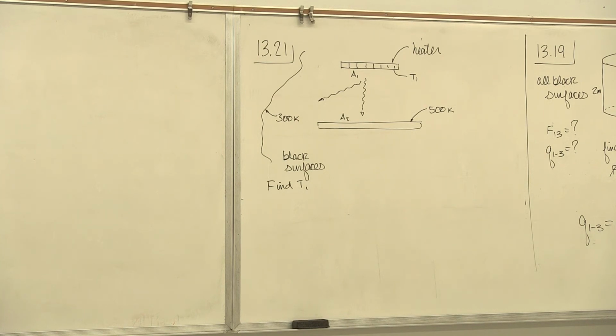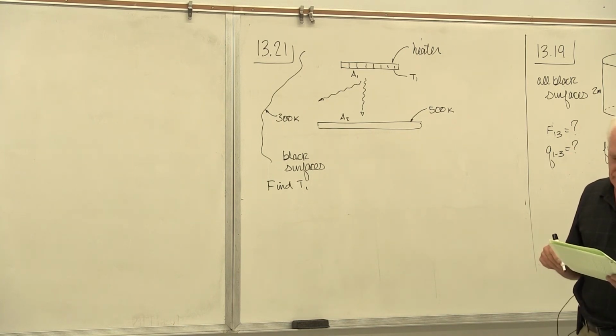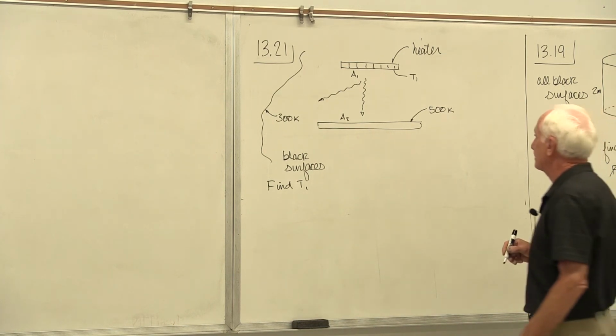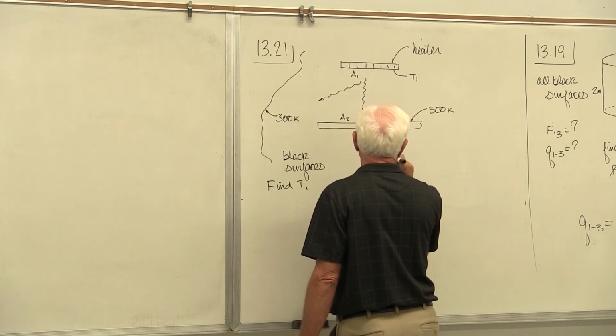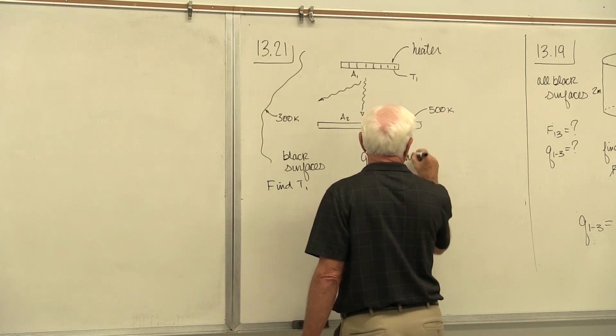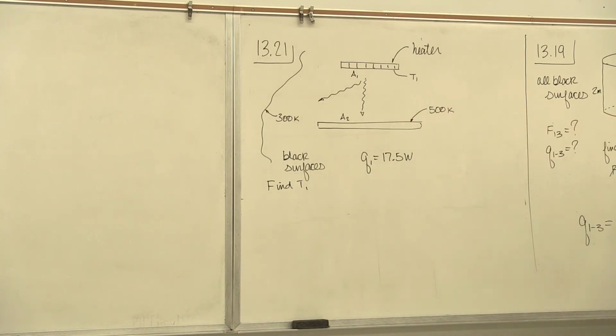Which one's the heater? Here. What's Q1? The power that comes into the heater. The power that comes into the heater is 17.5 watts. So right now, I know Q1 equals 17.5 watts. He told me the power that comes into the heater. Electric power.